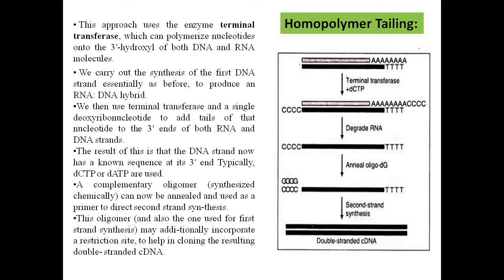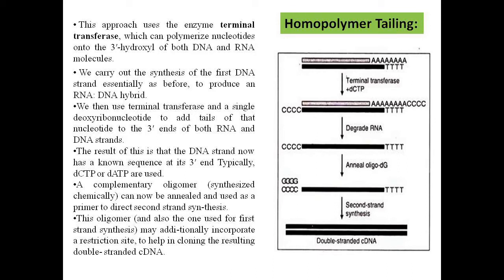We then use terminal transferase and a single deoxyribonucleotide to add a poly tail to the 3' end of both RNA and DNA strands. Now this results in a DNA strand which has a known sequence at the 3' end, which can be either poly dCTP or poly dATP.